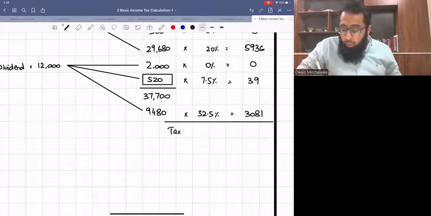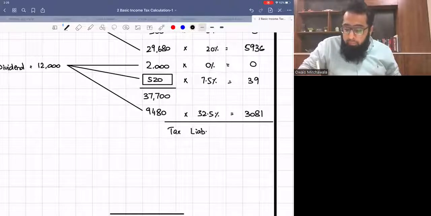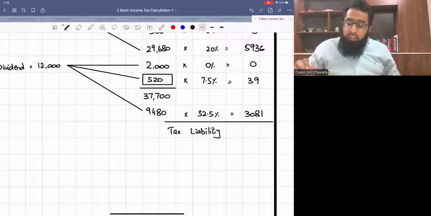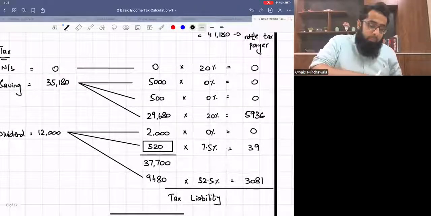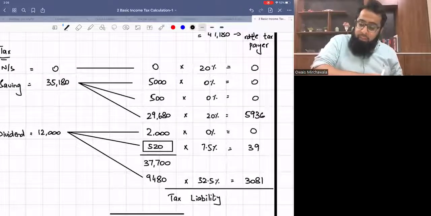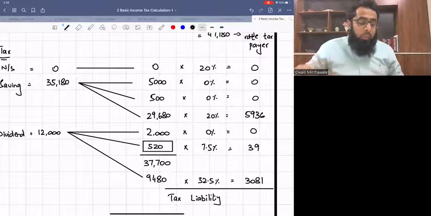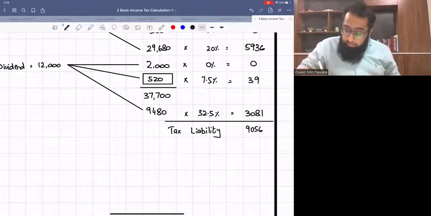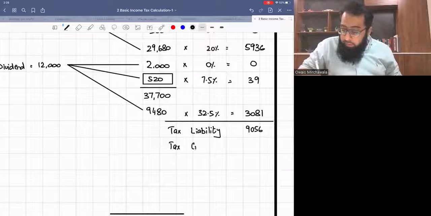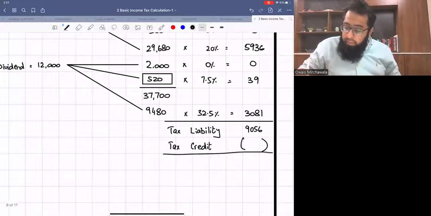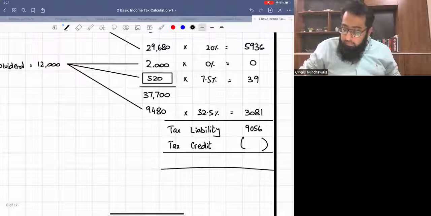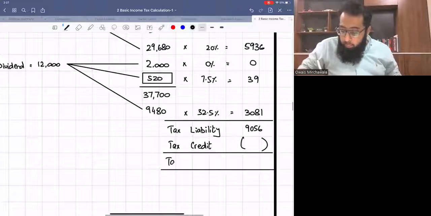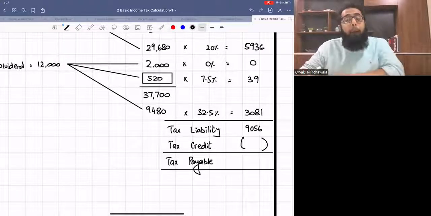If I add all of them, this gives me the tax liability: 5,936 and 3,081, so it's 9,056. We will deduct the tax credit, the advance tax, to arrive at the value of tax payable.